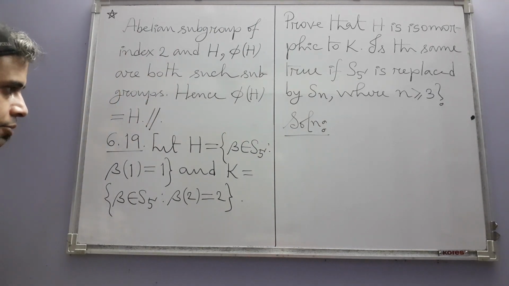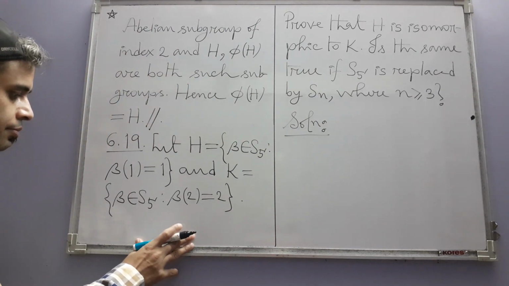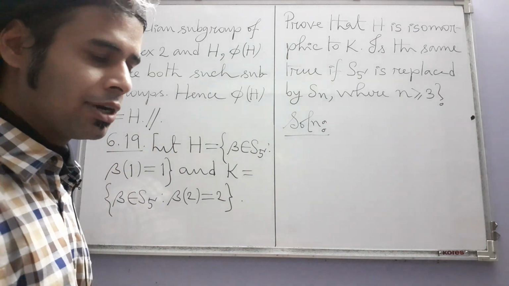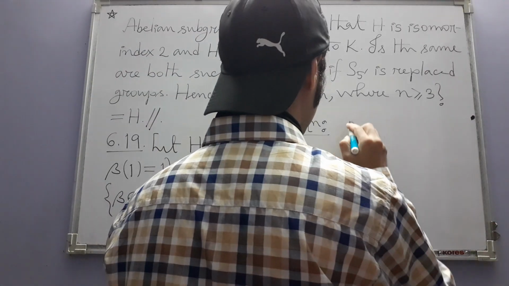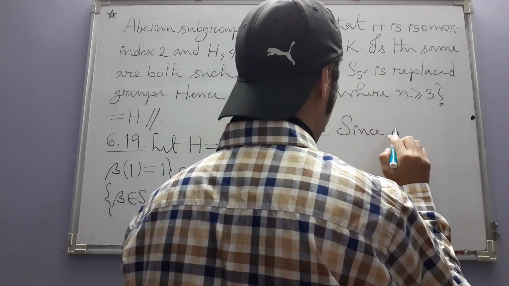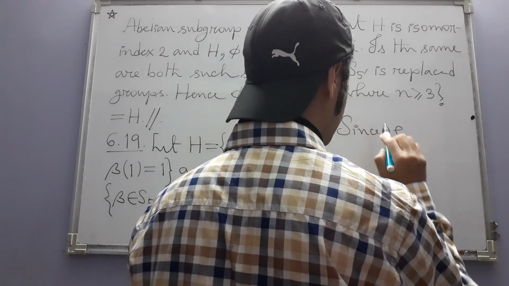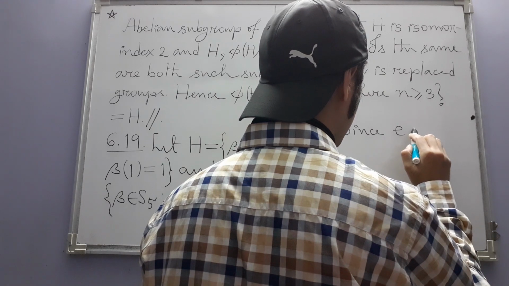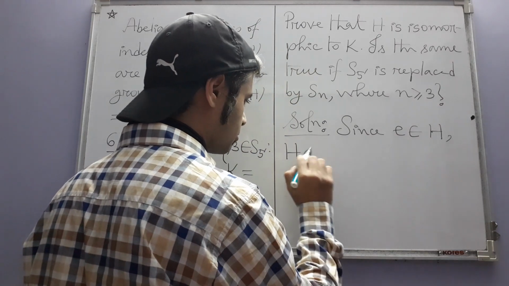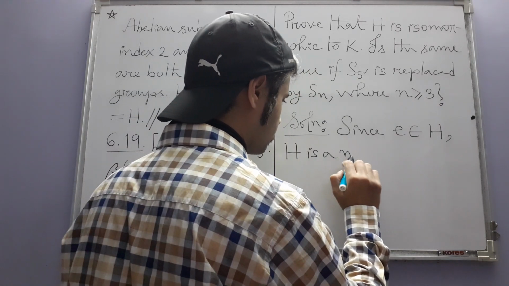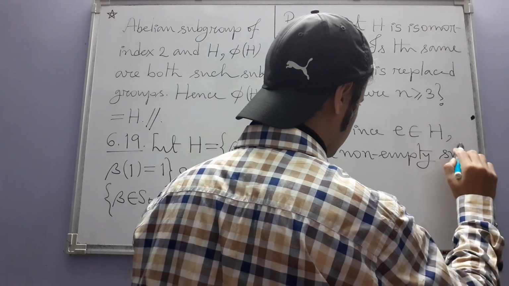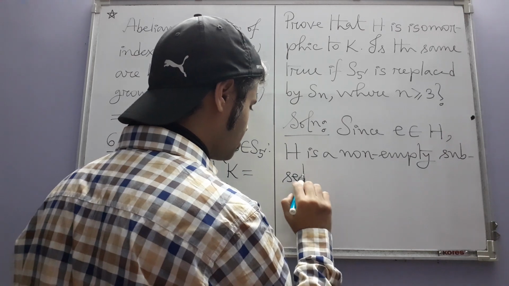Showing that H is a subgroup is very easy. I am vaguely remembering that we have done something similar previously also, but anyway, let's do it once more. Since the identity permutation E belongs to H, H is a non-empty subset of S5.